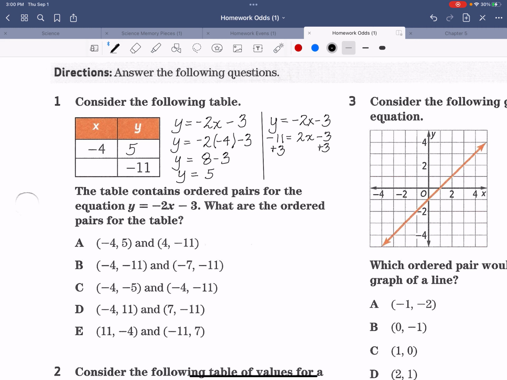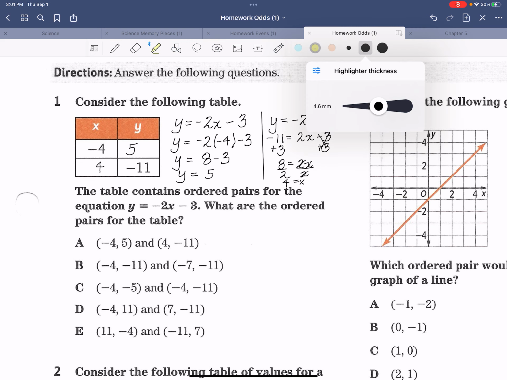So add 3 to both sides and cancel. So you get 8 equals 2x. Divide both sides by 2 to get x is 4. And so that will be this one. So negative 5 and 4, negative 11. I like answer A for this one.